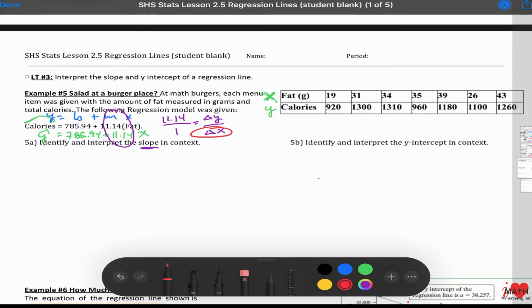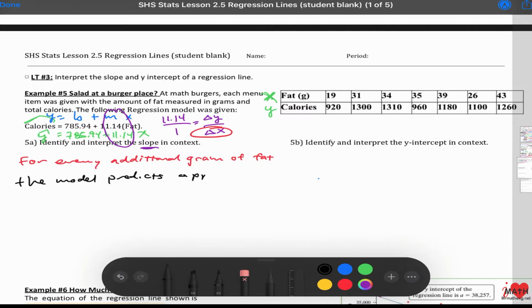Okay? So for every additional gram or 1 gram of fat, the model predicts approximately an additional, let's do blue.